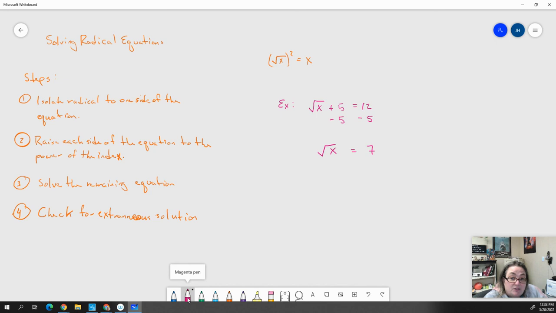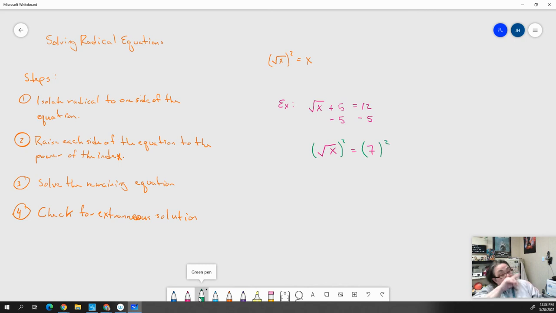And so the next part says to raise each side of the equation to the power of the index. Well, when we have a radical with no index listed, that index is always 2. We just don't write it, right? When it's a square, we just assume it. And so we're going to raise each side to the second power.